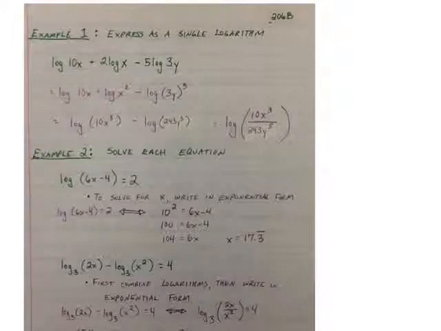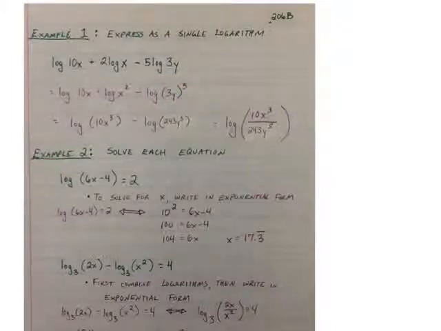Alright, so the most elementary type of problem from this section is to express as a single logarithm. So there is an expression that has multiple logarithms and we want to change it so that it's a single log. In the first step, I took any numbers in front of logs and turned them into exponents. I did that on this one, and then I also moved the 5 up.